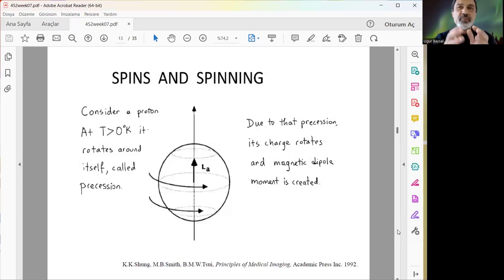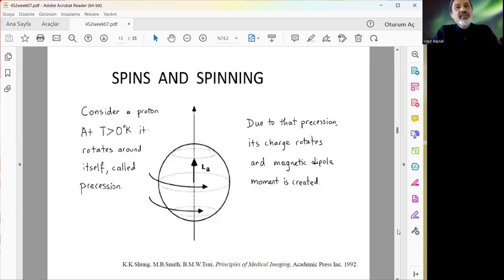So that's the principle of all magnetic sensitive or possible elements. There are some odd number of magnetic spin elements like hydrogen or phosphorus, and some other elements are MR possible elements.